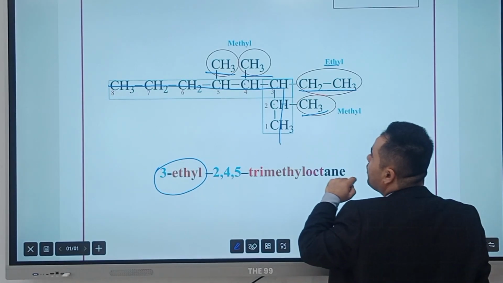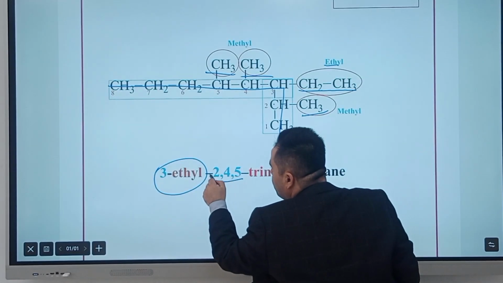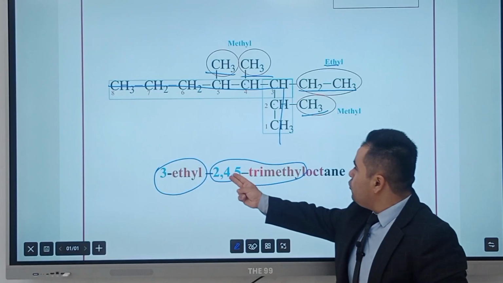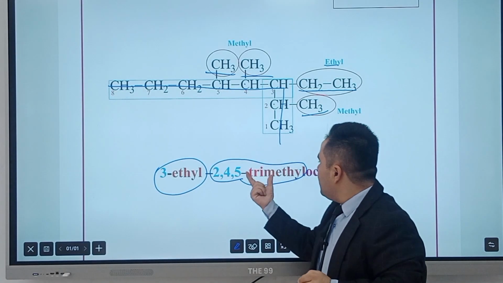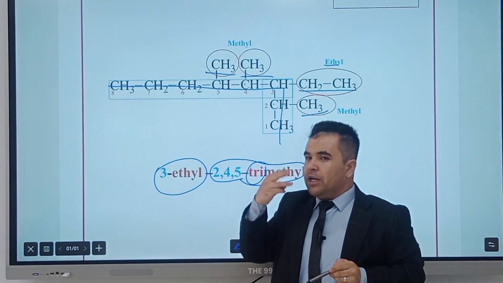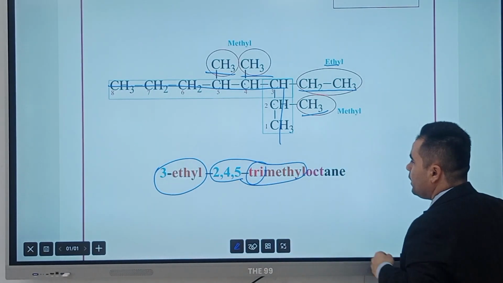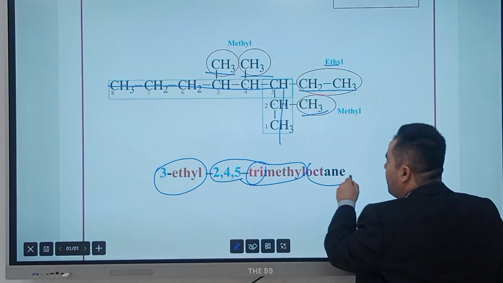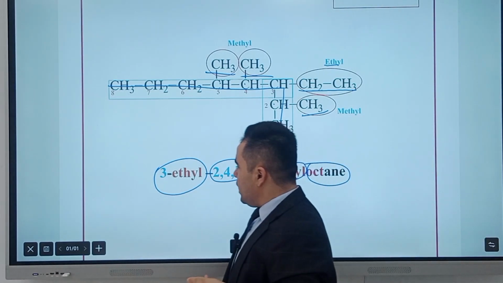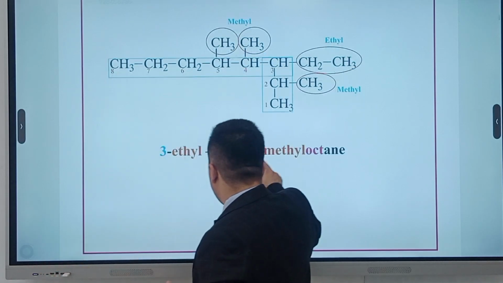You have to use tri. So 2, 4, 5 trimethyl. 2, 4, 5 tri refers to the same alkyl group repeated 3 times. And then the name of the parent, which is 8 carbon, octane, guys.